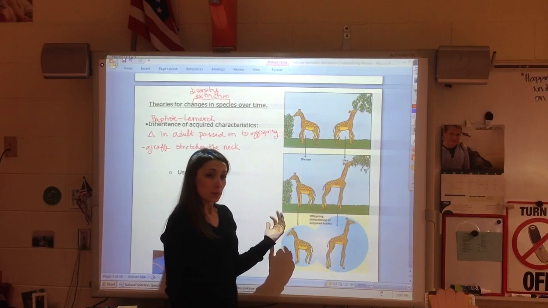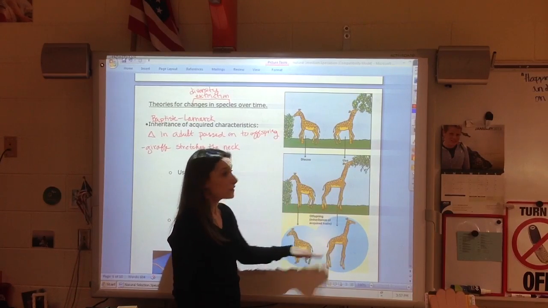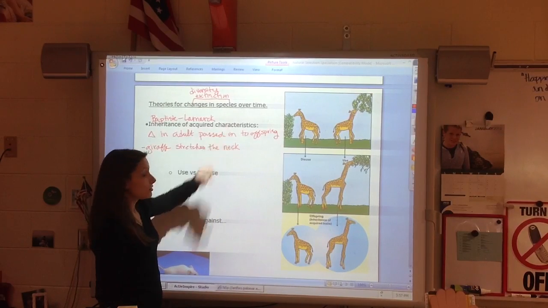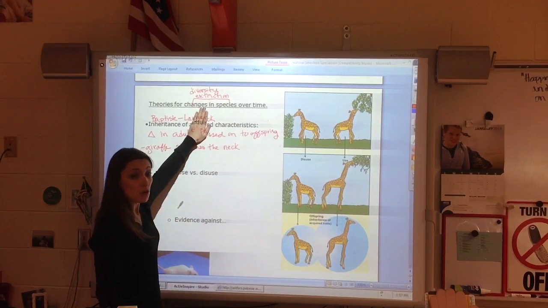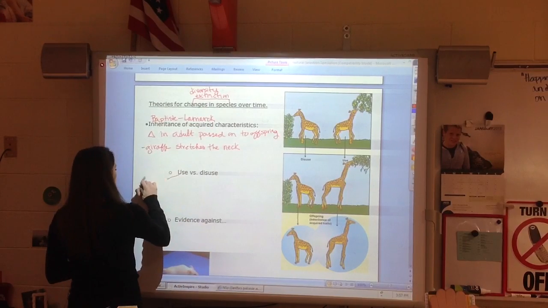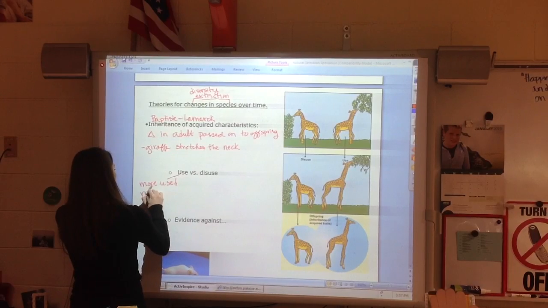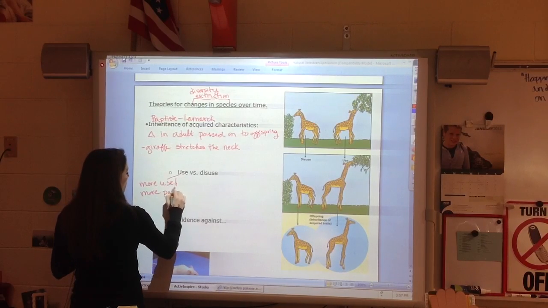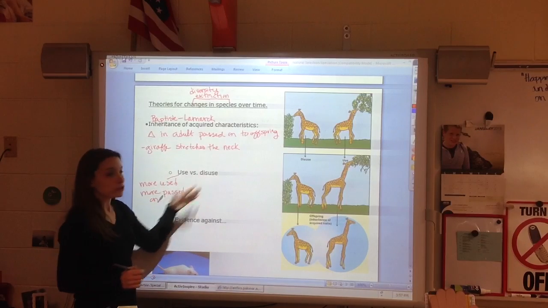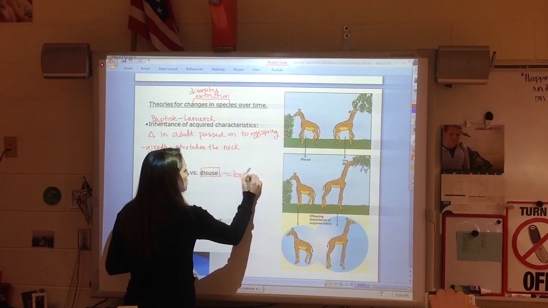And it made a little bit of sense because we did see trends between parent and offspring. So you do inherit traits. Turns out you just don't inherit acquired traits. So Lamarck's argument is the more something was used, the more it was passed on. And if you weren't using something, it would get lost.